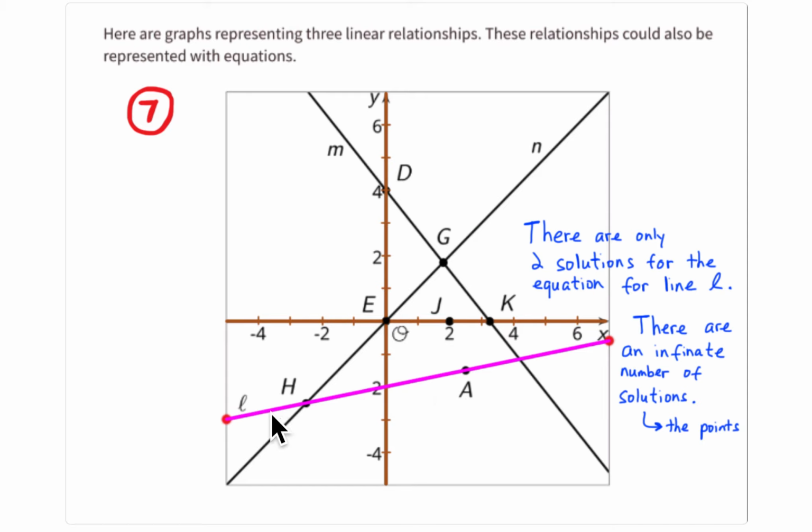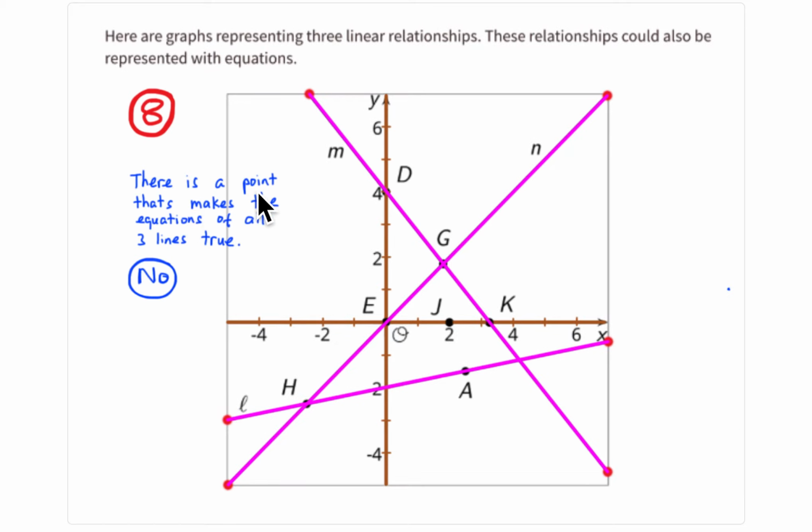Every coordinate, x and y coordinate, for every point on that line is a solution to the equation for that line. They will all work in the equation to make the equation true. So there are an infinite number of solutions. There are an infinite number of points on the line, so there are an infinite number of solutions to the equation. They are all points on that line.